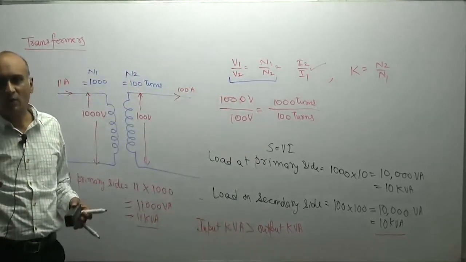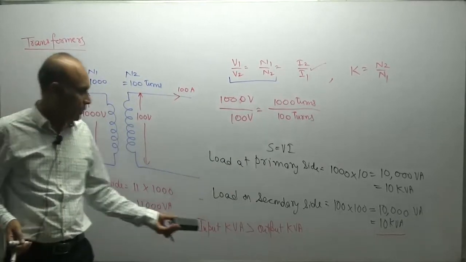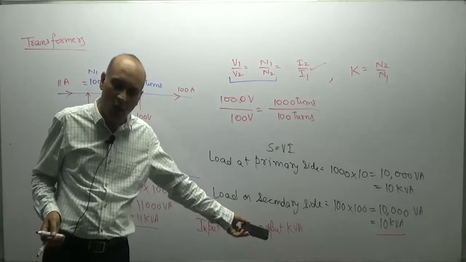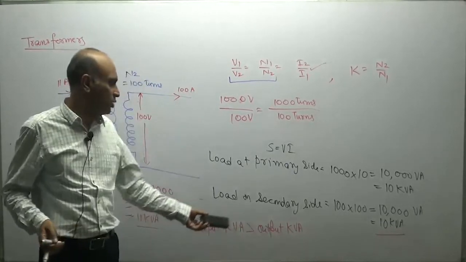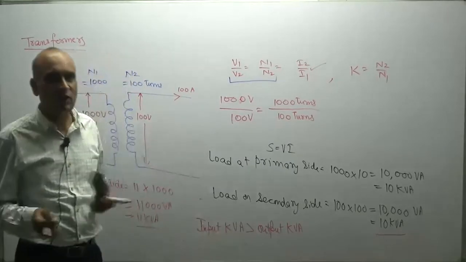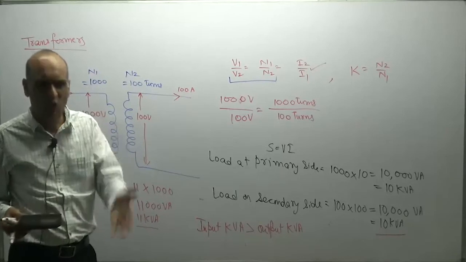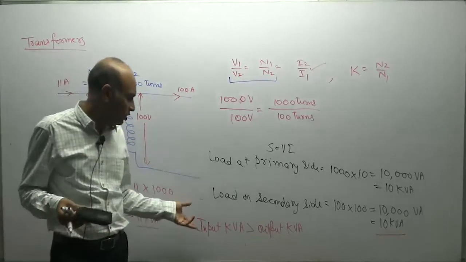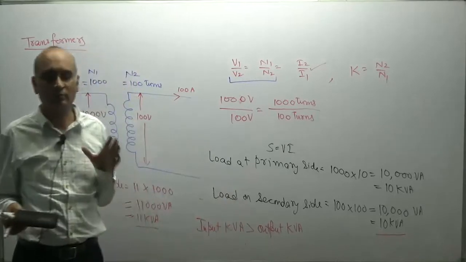In an ideal transformer, input kVA will be equal to output kVA, but in an actual transformer, there is no load current and you can say losses. Because of this, input kVA will be more than output kVA.